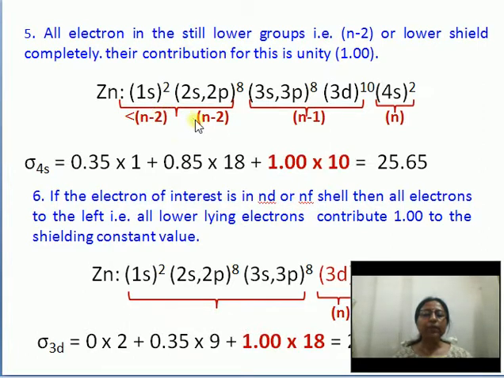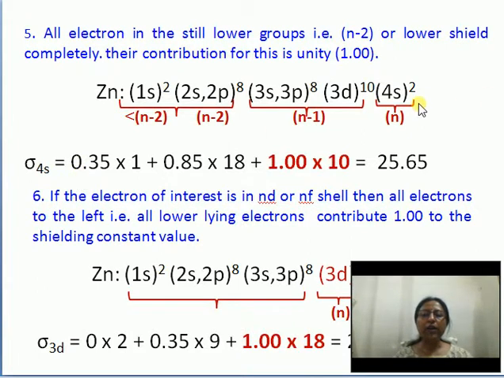So the n-2 shell or anything lower than n-2 will all contribute 1. All electrons in the still lower groups, that is n-2 or lower, shield completely. As it is 1, we say that it will shield completely, and their contribution is unity.